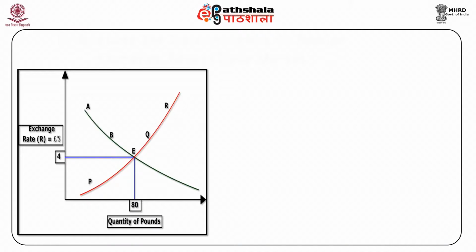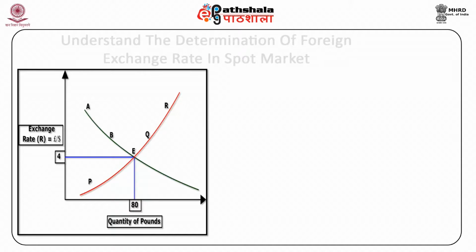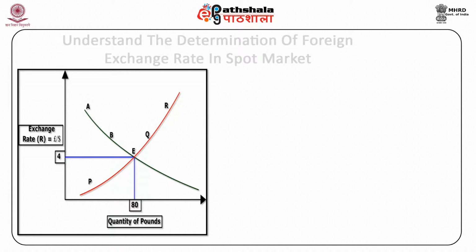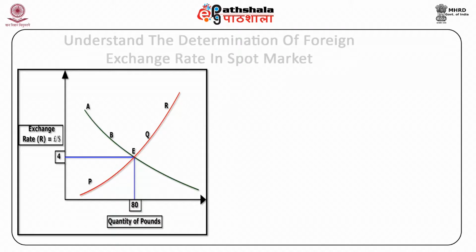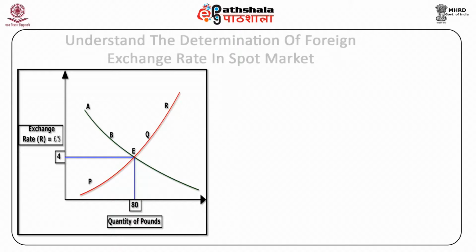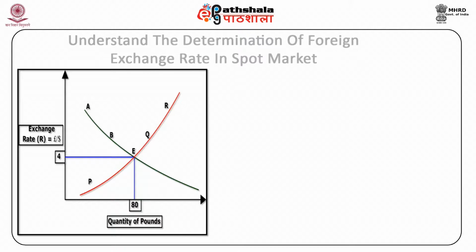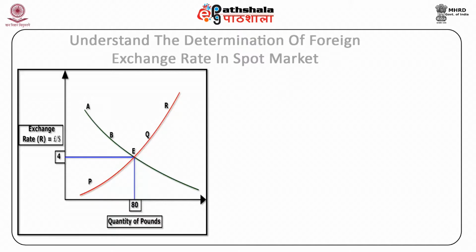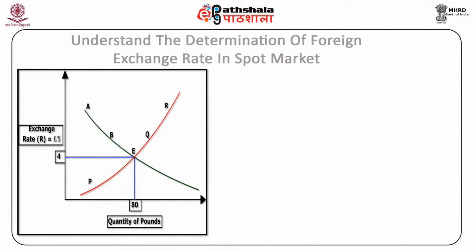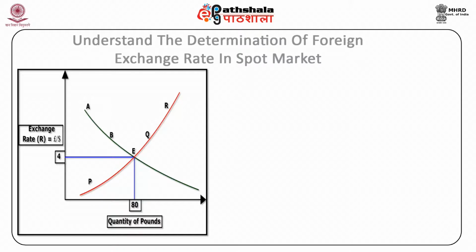This figure shows the determination of the equilibrium exchange rate between US and UK under a framework of flexible exchange rate system. The equilibrium exchange rate is determined by the intersection of demand and supply curves for pounds at point E, that is, at R equals 4.